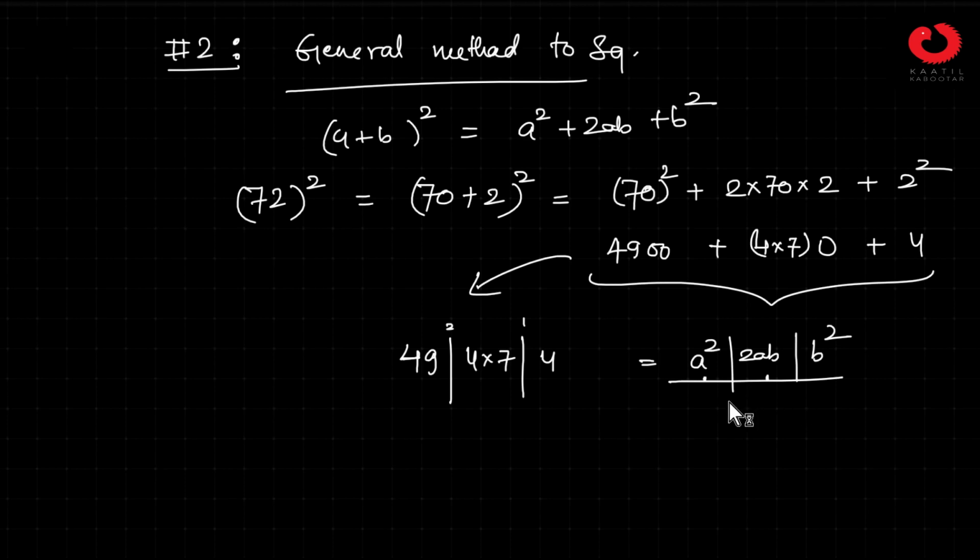This is also like the binomial triangle, 1 2 1, these are the binomial coefficients, and we always arrange this in terms of binomial coefficients. So (a plus b) whole square is always written as a square, 2ab and b square.